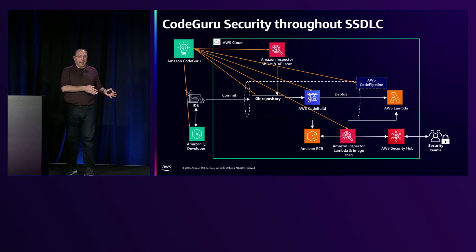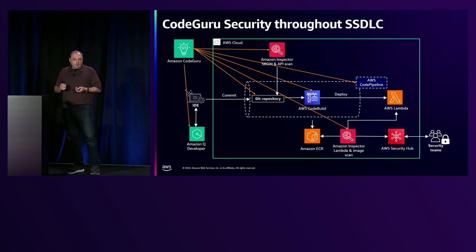If you have GitHub Actions or you're using GitLab CI, we have documented integration for CodeGuru Security into each one of those. And then we can see full visibility of these security vulnerabilities, specifically for static analysis of our code, throughout the entire life cycle.